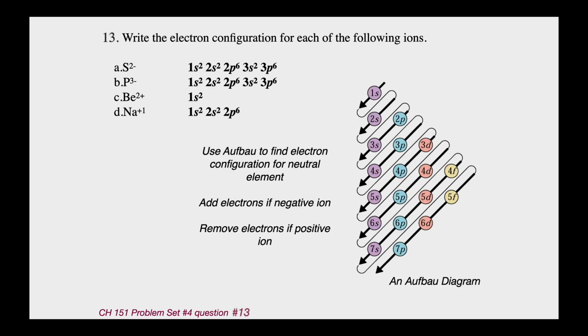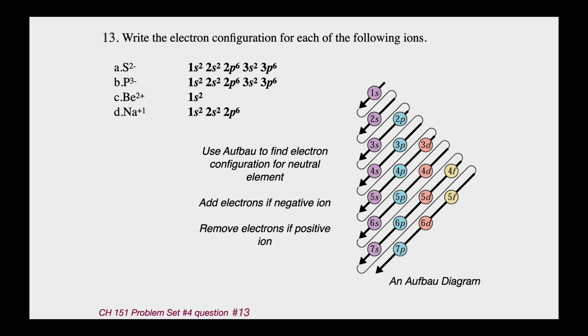So sulfide is going to be 1s2, 2s2, 2p6, 3s2, and instead of 3p4 in the neutral version, now you've got 3p6. Notice how phosphide, the next one, does the same thing. It was a 3s2, 3p3, and then it went 3p6 when it gained 3 more electrons. So both sulfide and phosphide have an argon electron configuration, that noble gas configuration.